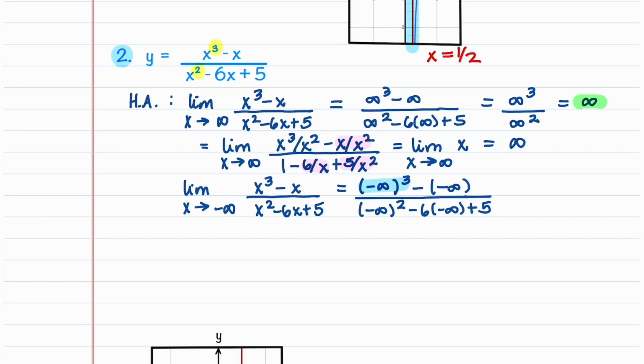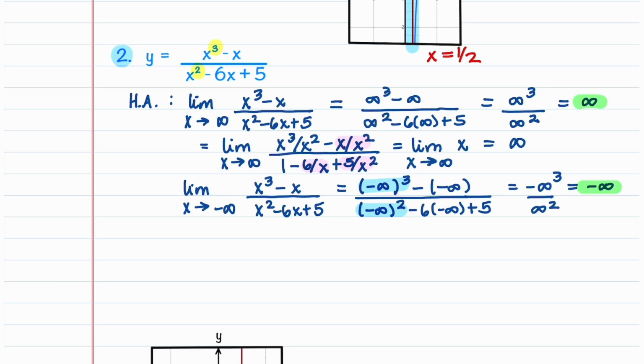These two terms are our largest terms, so we can ignore all the other ones. And this gives us a minus infinity cubed divided by infinity squared, which gives us minus infinity. So that's our answer. Again, you can get that answer by dividing both the top and the bottom by x squared.